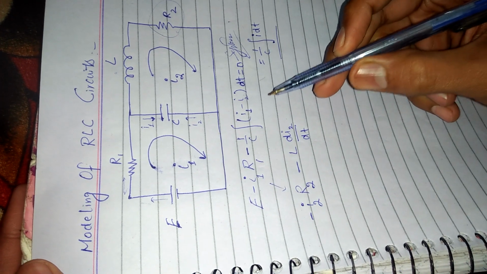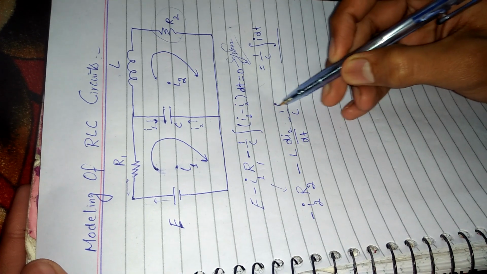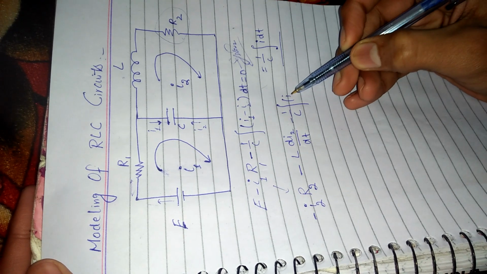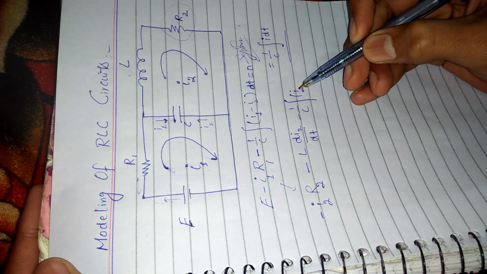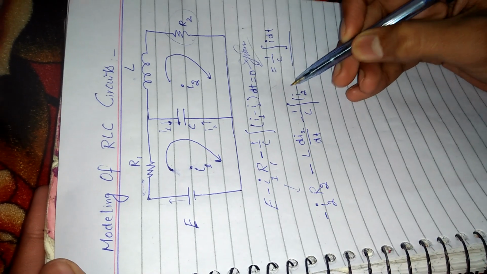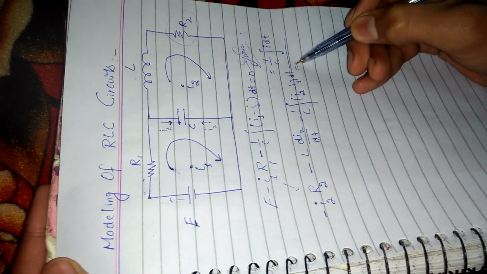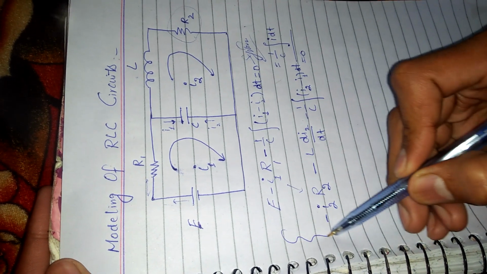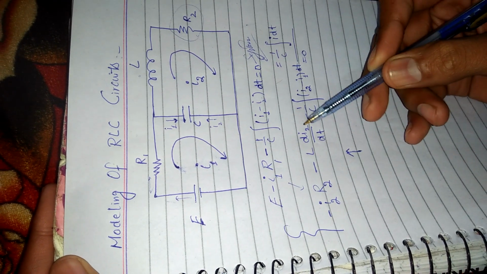The third is the capacitor again, 1 over C times the integral of I2 minus I1 dt, with I2 first because we are considering the second loop this time, and this is equal to 0.